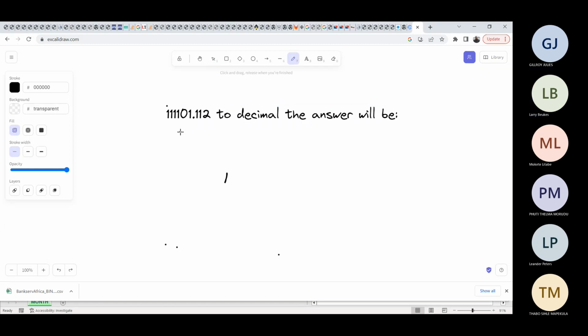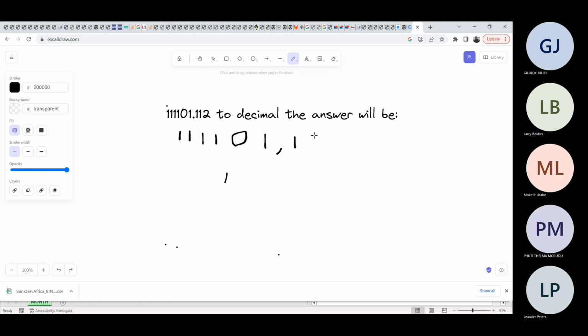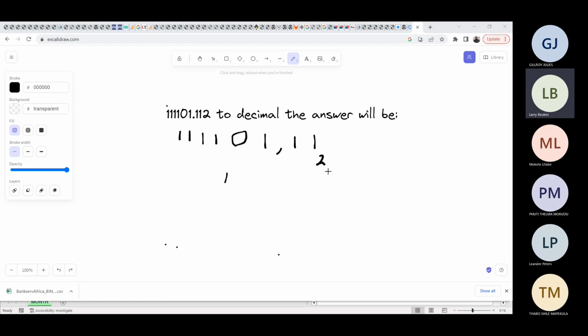So this will be something like 1, 1, 1, 1, 0, 1, then the comma, then 1, 1, with the 2 down here. This 2 represents the number system, and this number system is binary. It only has 2 possibilities, a 1 and a 0.